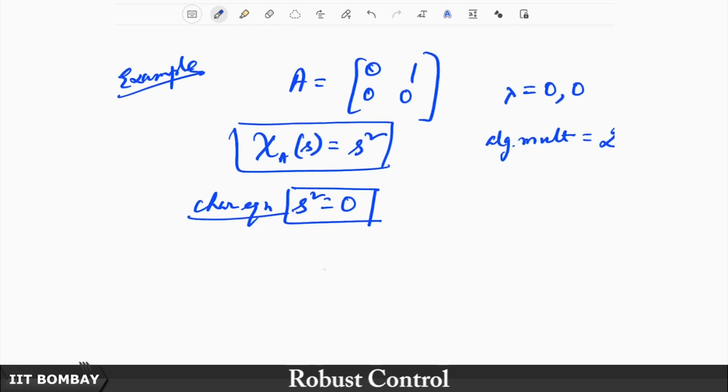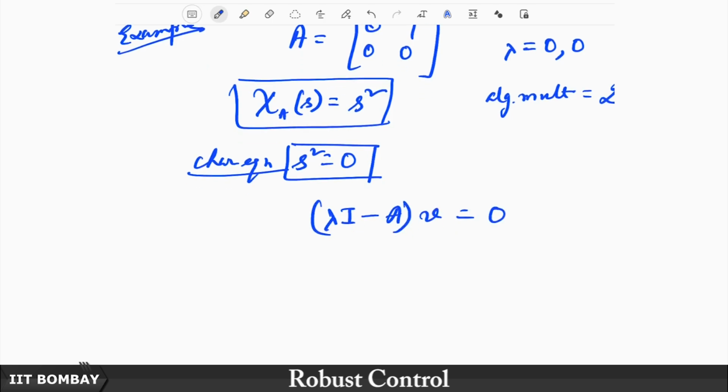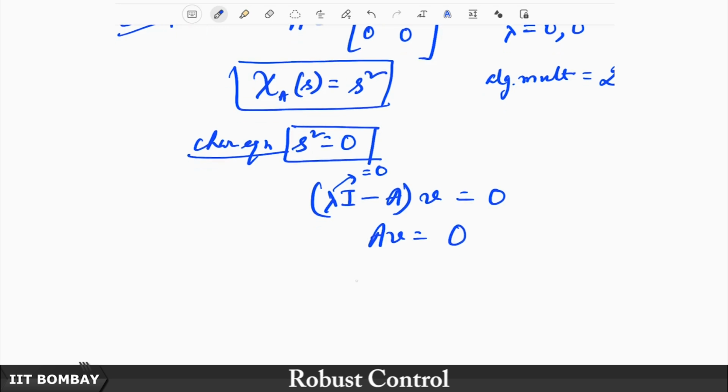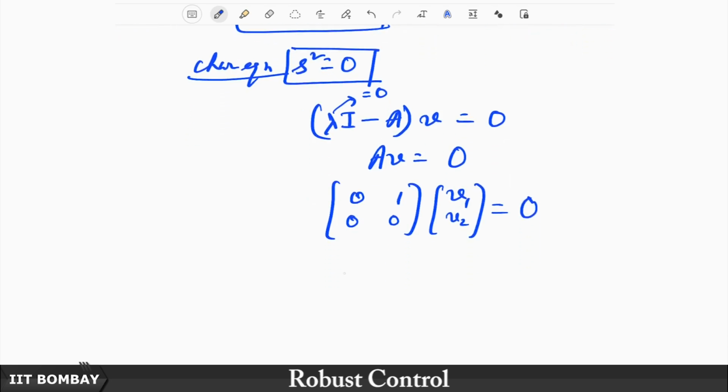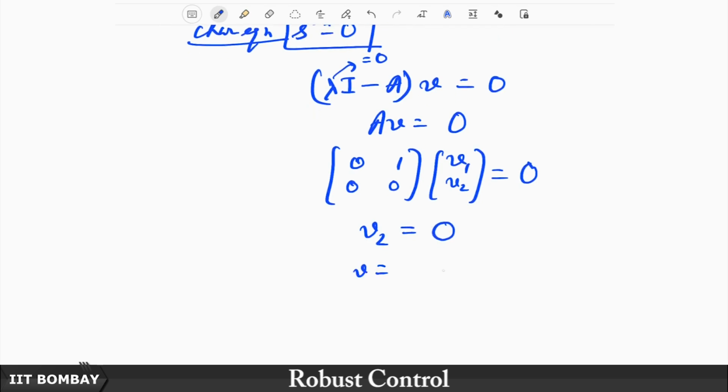Unfortunately, the moment you try to solve lambda I minus A times v is equal to 0, well, lambda is of course equal to 0 itself. In other words, you are trying to solve A v is equal to 0, and you will end up with a problem. As you can see, it is 0 1 0 0 and let v be written as v1 v2. You will immediately notice that this leads us to conclude that v2 is equal to 0 and v1 could be any real number.